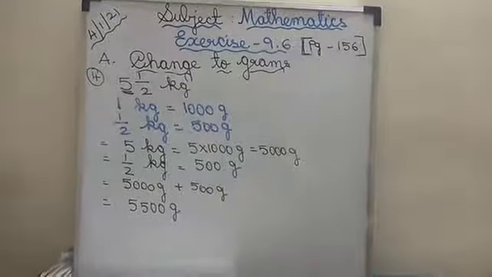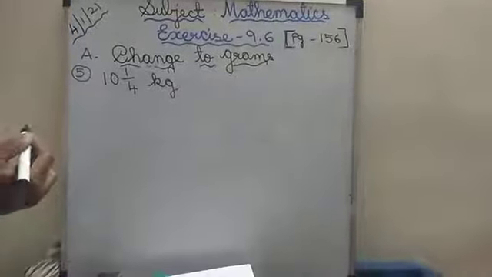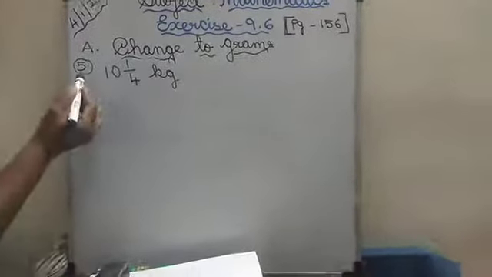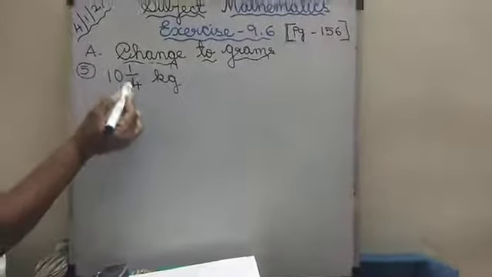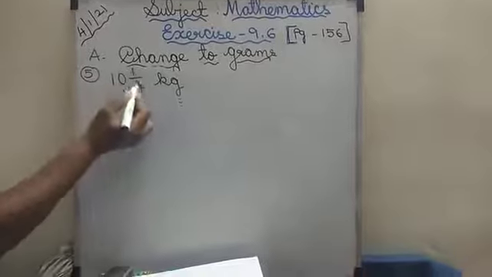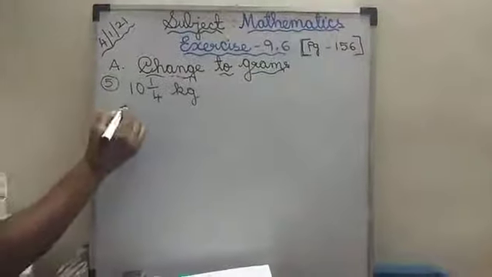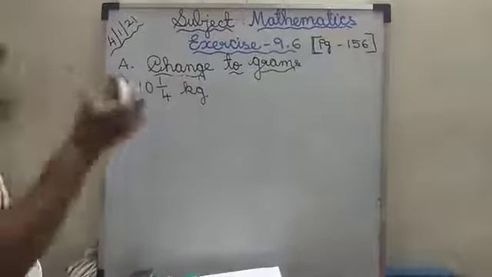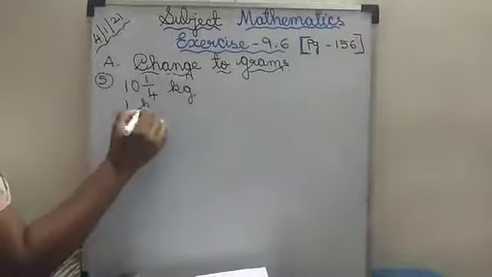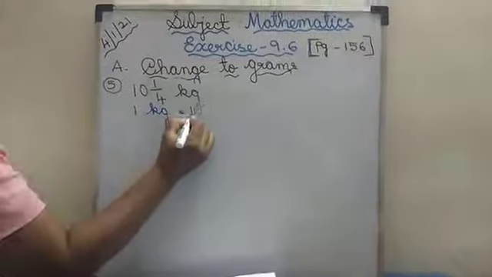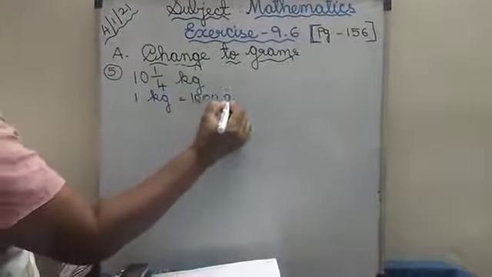Yes, we'll go to the next sum. Okay, children. Now we'll see the 10th sum. 10 1/4 kg. So first we have to find out for 10. 1 kg is equal to, if you want you can write this, otherwise you can directly write the answer.